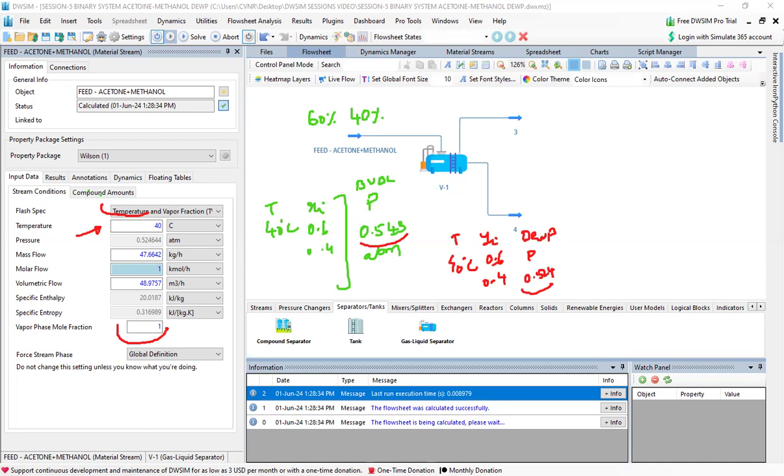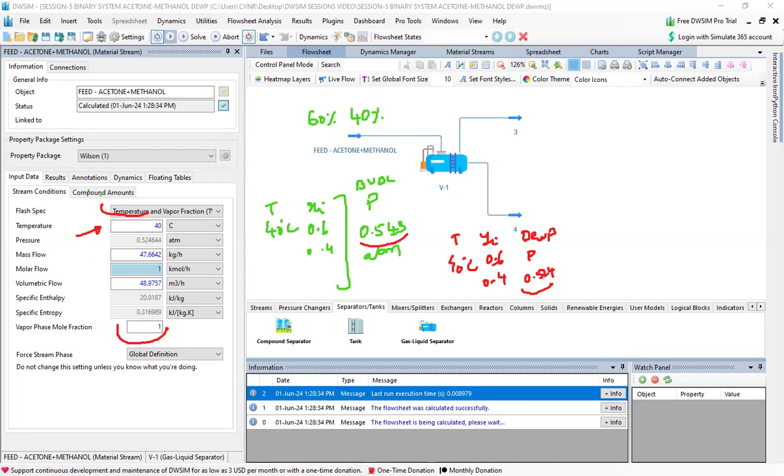Right. We'll come back with another video, since this will be too long otherwise, where we will see at what temperature, if I fix pressure, what is my dew point temperature and what is my bubble point temperature.